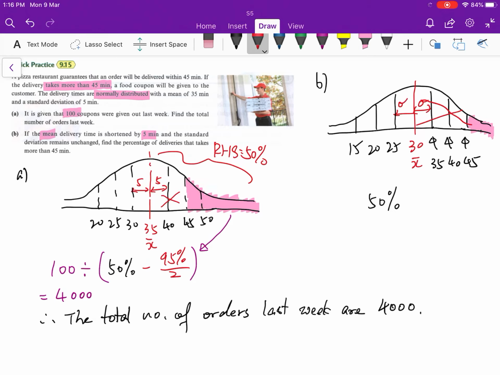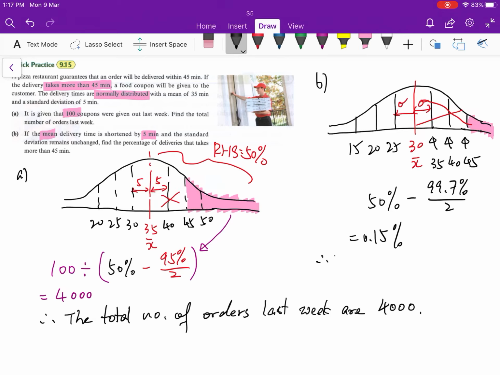So how can we find the percentage? Again, half of them are 50, but we don't need this part. This part is already 3 standard deviations, right? So you need to subtract the 3 standard deviations, 99.7% divided by 2. So the final answer is, oh sorry, 0.15%.